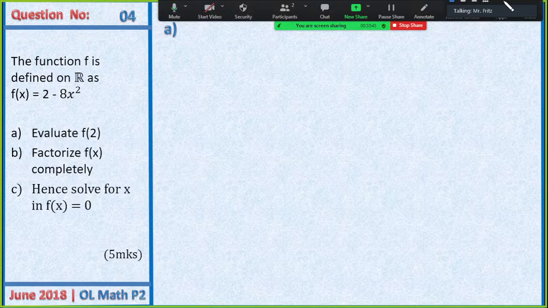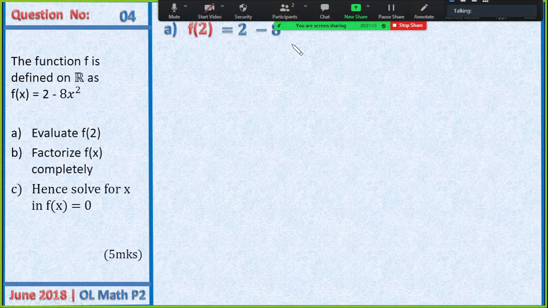F of 2 means just put 2 in the function, that is all. In the function, when you see x, just replace it by 2. This is how you get f of 2. F of 2 will be equal to 2 minus 8, and I have to replace this x here by 2.